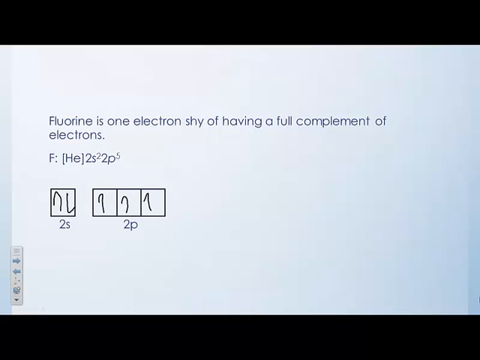If we look at fluorine, fluorine is 1 electron shy of having that full set. So it has an electron configuration helium 2s2, 2p5. When we fill in the electron box diagram for fluorine, of course, we know we're going to be 1 electron short. This vacancy right here, where we have room for 1 more electron, is what makes fluorine readily accept another electron and form the ion fluoride.